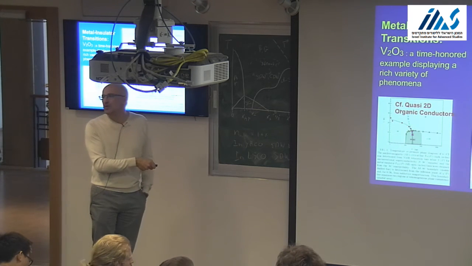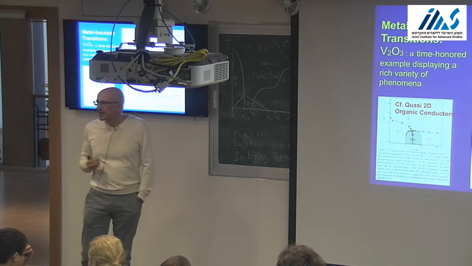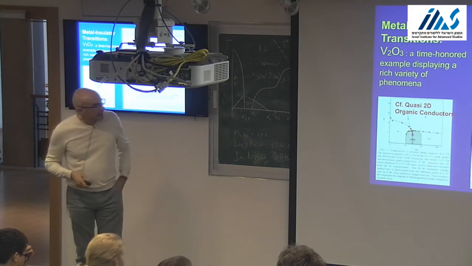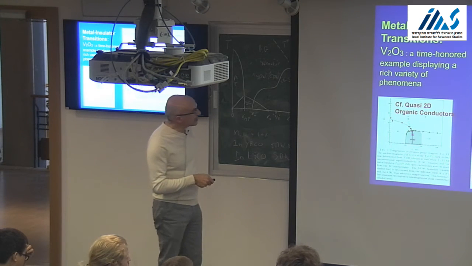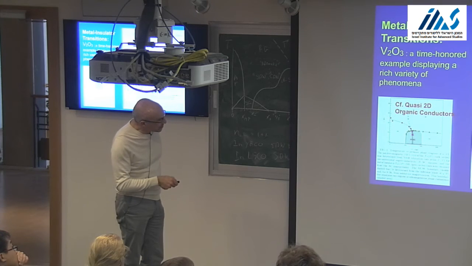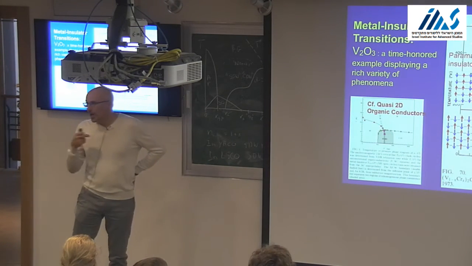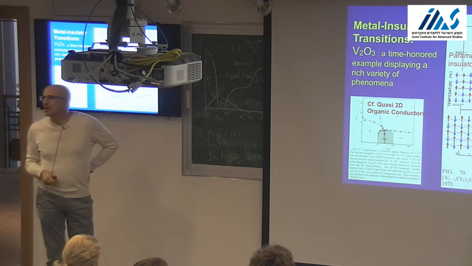You're really always preempted by magnetism. But I should think of that line also as a metal insulator transition? Yeah, sure. This is also a metal insulator transition, at which simultaneously you have the appearance of magnetism and of a gap.